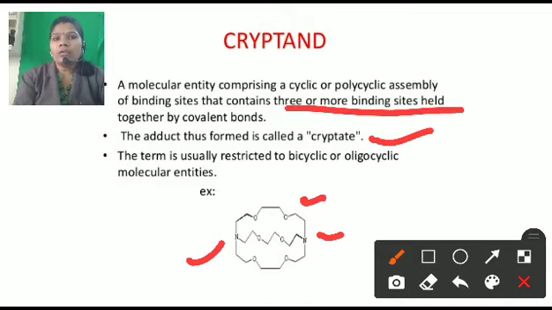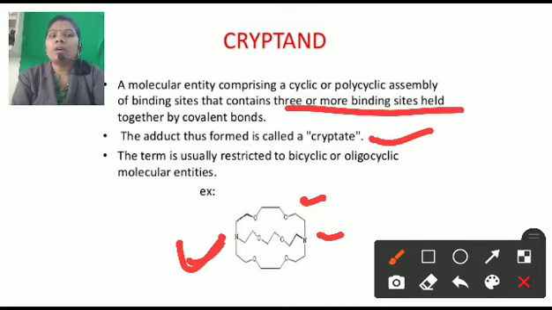The term is usually restricted to a bicyclic or oligocyclic molecular entity. A crown ether is only a monocyclic compound, but cryptands are bicyclic or oligocyclic molecules. Here there are two rings, as you can see in this picture, which means this is a bicyclic compound.